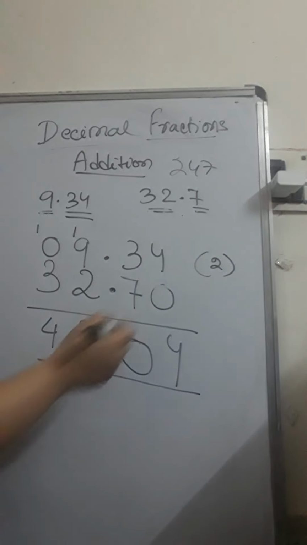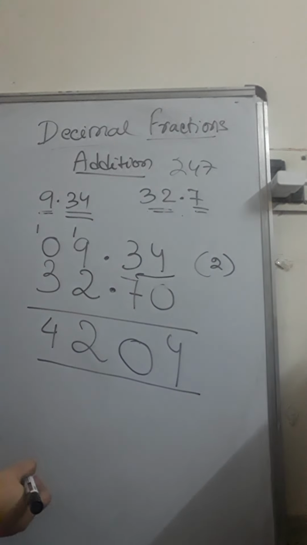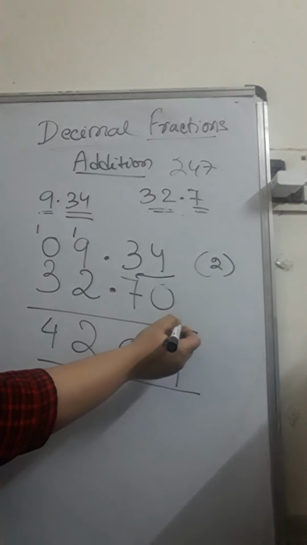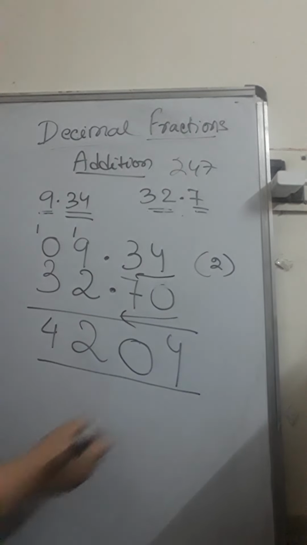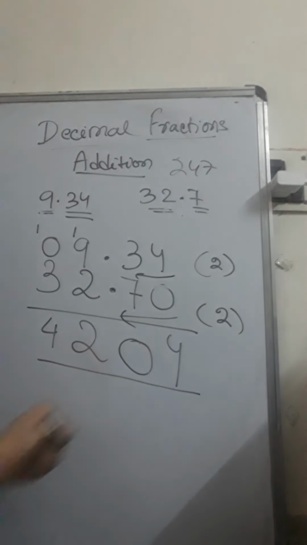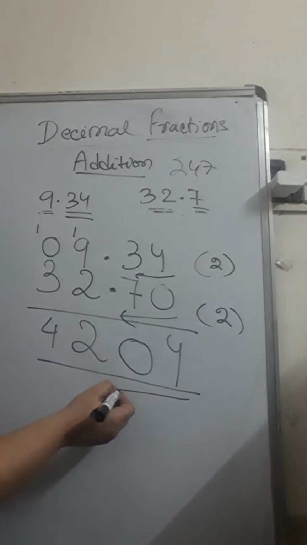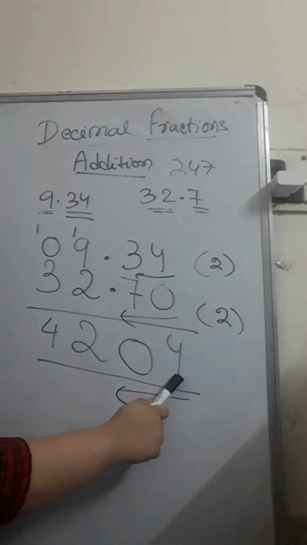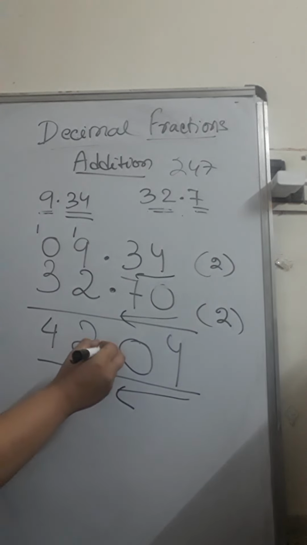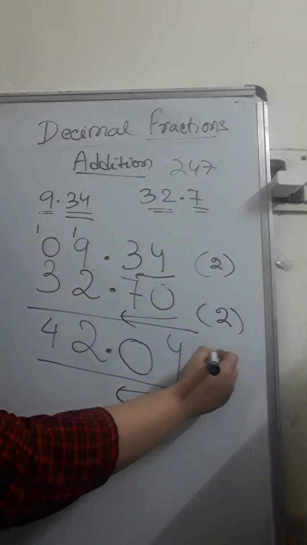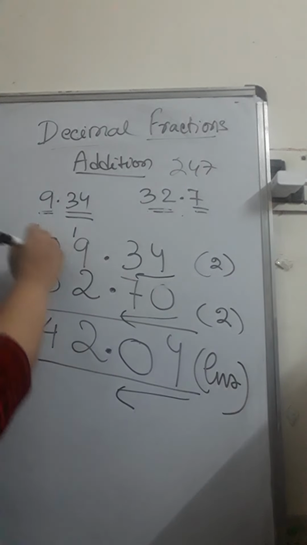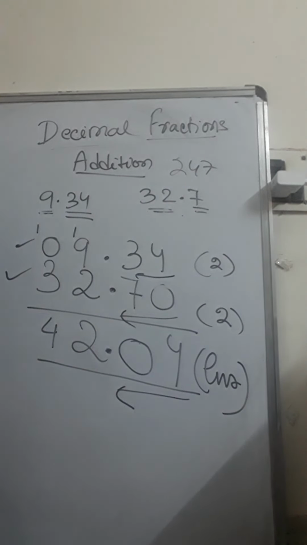Similarly, in this number also before 2 digits there is a point. So in the answer also, before 2 digits from the end, 2 digits meaning 4 and 0, there should be the point. So 42.04 is the answer of the addition of these two decimal numbers.